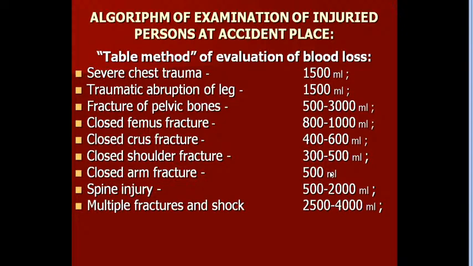And others. If a patient has a fracture of the femur, blood loss is 1 liter. Fracture of the arm, half a liter. Fracture of the leg, half a liter. It's a table method, very effective at the accident place or early on in admission departments.